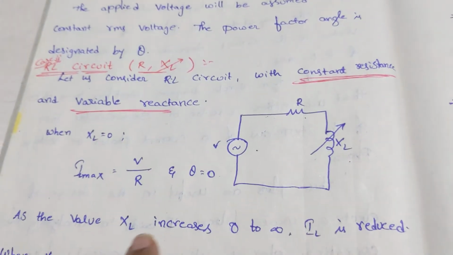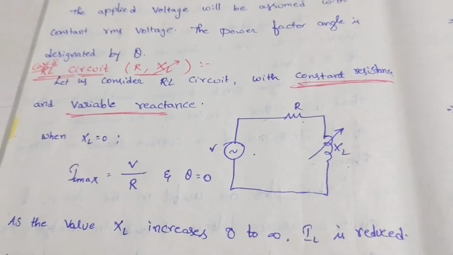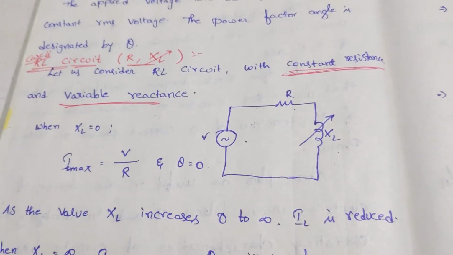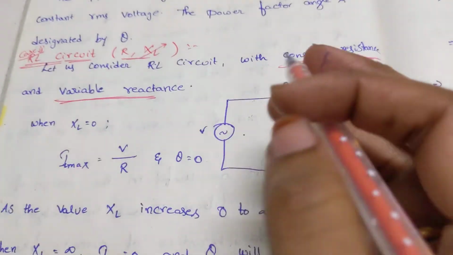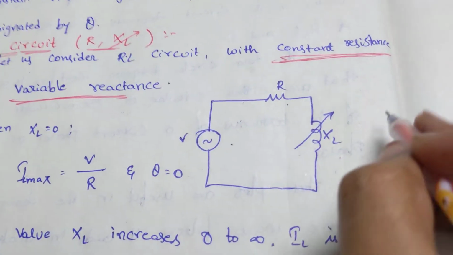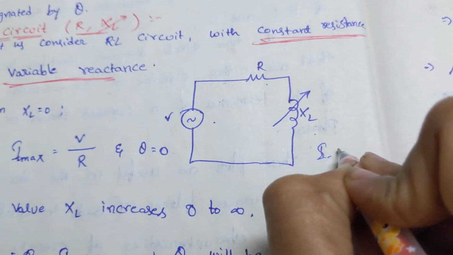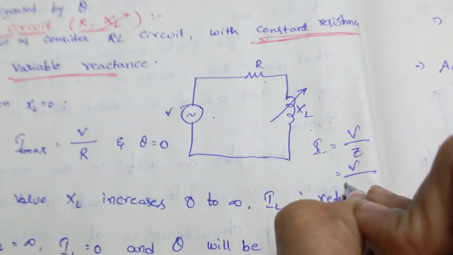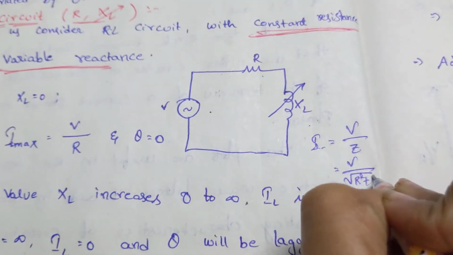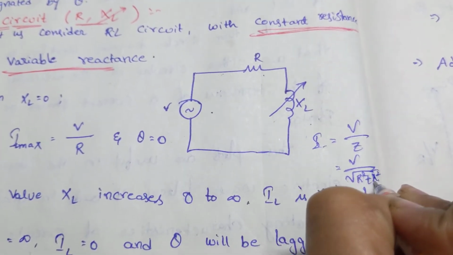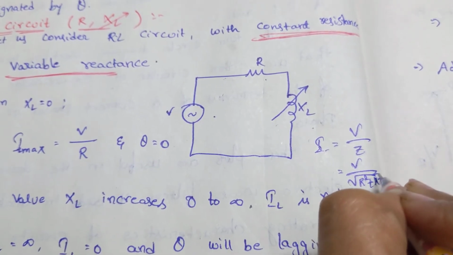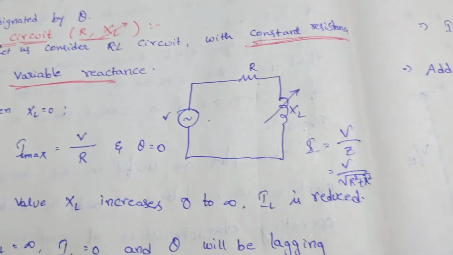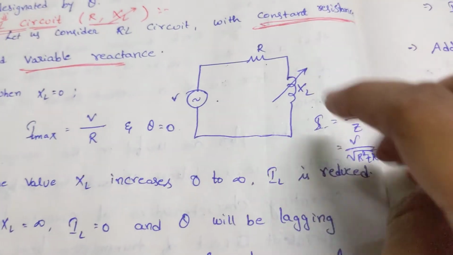In similar fashion, if you increase this reactance from 0 to infinity, what about your current? Current is nothing but V by Z, where Z is root over R square plus X square. Here I am considering it as an inductive reactance. When the denominator is increasing, your I value tends to reduce.